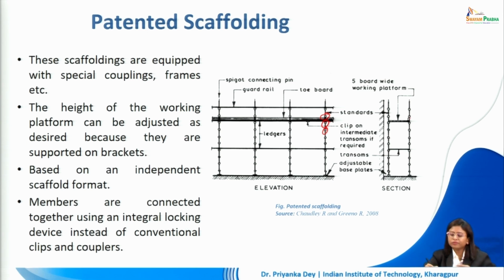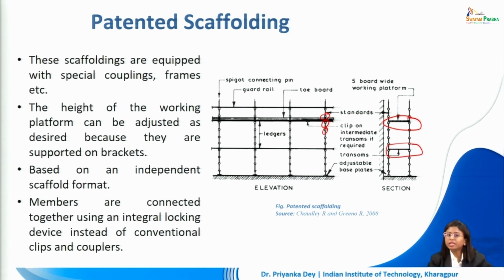So at whichever level we are currently working, we can change the position of the transoms and we can accordingly change the position of the working platform throughout the scaffolding. So this is the speciality of the patented scaffolding. We can alter the height of the working platform based on our context and usage.